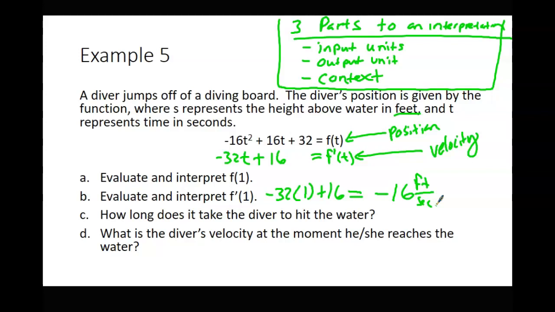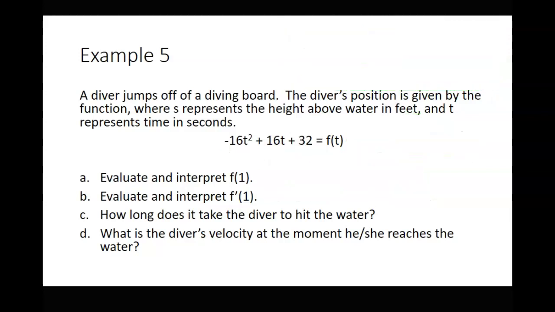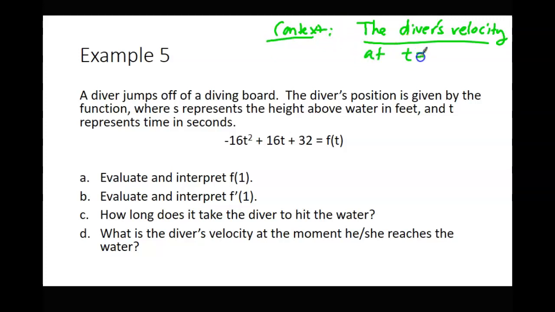So that's our interpretation. Let's write it down. The interpretation has to have three things: the context, the input units, and the output units. So check this out. The diver's velocity. That's your context, that's the story. The diver's velocity at t equals 1 second.